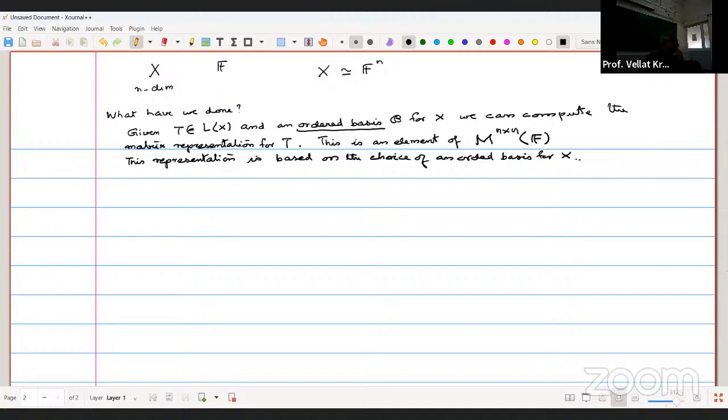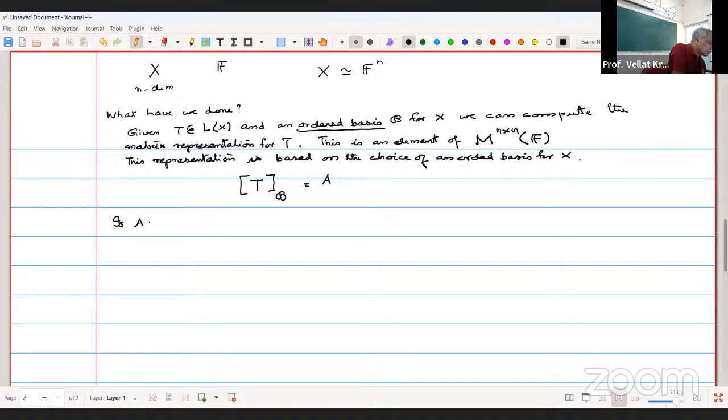That's all. Therefore, let us write the matrix representation of T as A. Is A uniquely determined? The answer to this is no. That we have seen already.